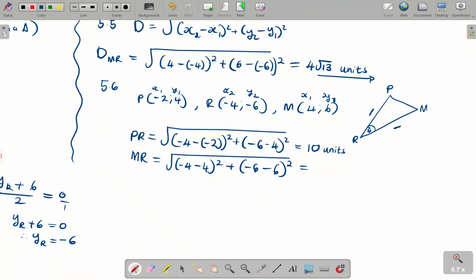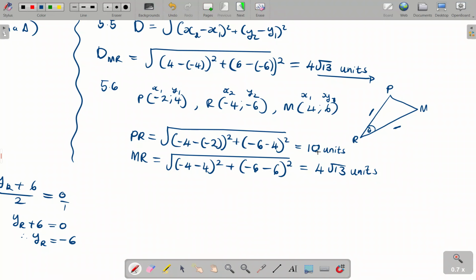So the square root of (-4 minus 4) squared plus (-6 minus 6) squared. I have 4, and we calculated this case, it's here.